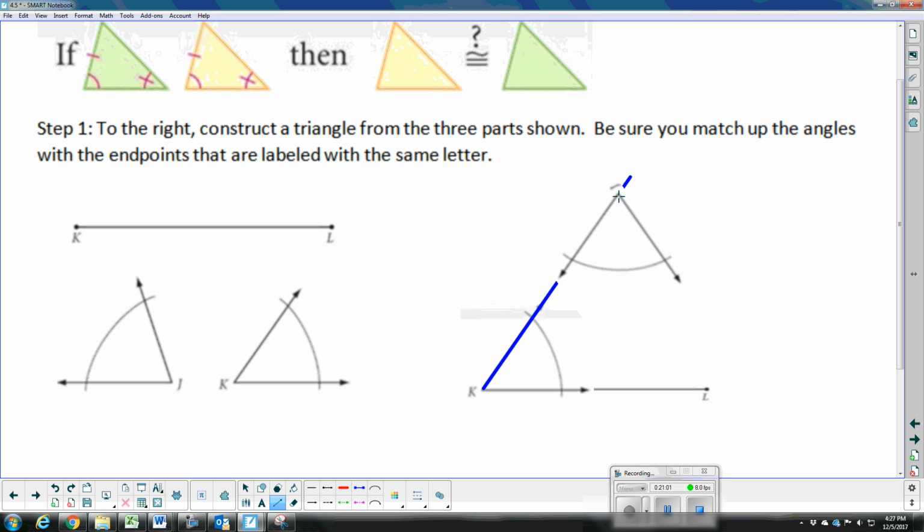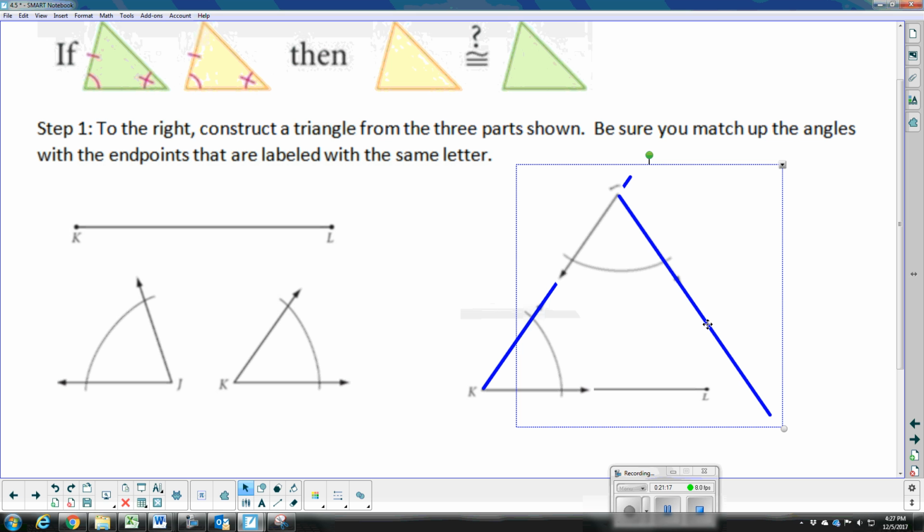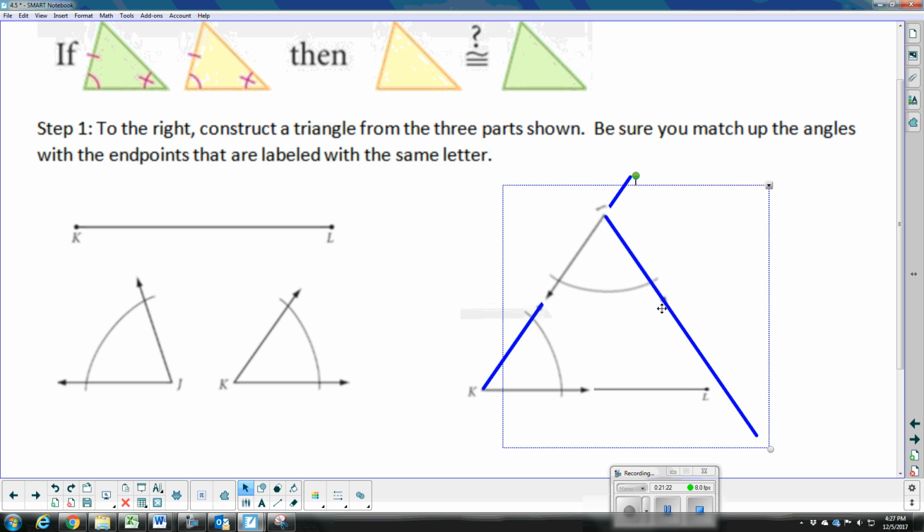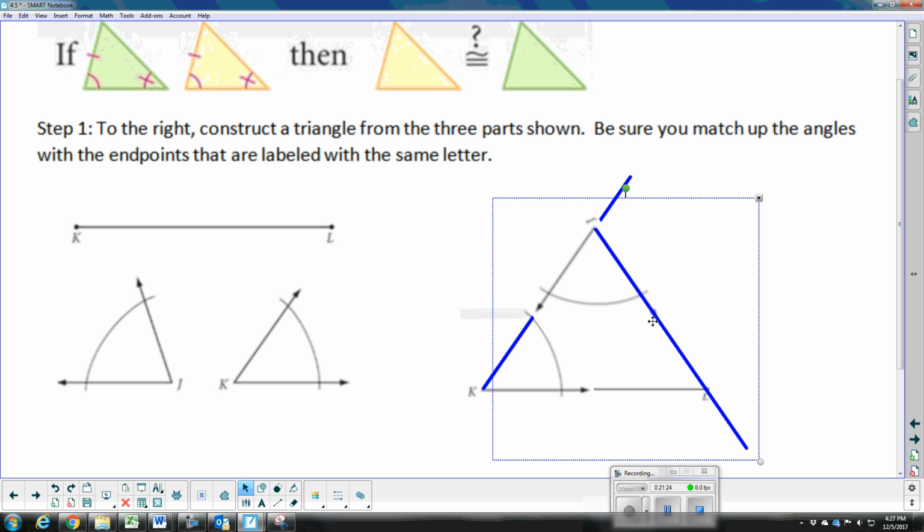And then I'm going to group them together. So this line is part of angle J. Okay, so I have to have this angle so that it goes through point L. This is the only spot it can go.